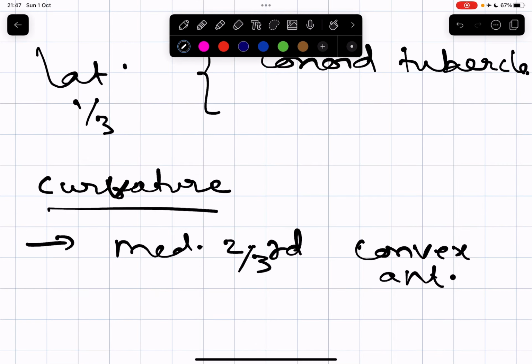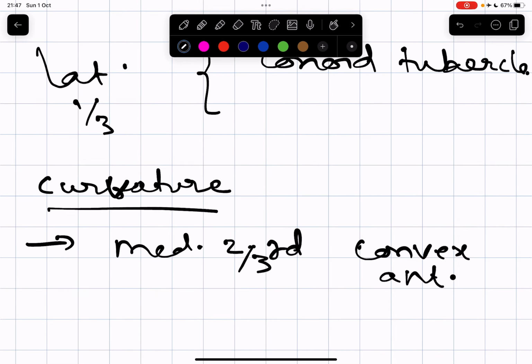What is the anatomical position? The clavicle is placed nearly horizontally with its medial end directed downwards and slightly forwards, and medially. The lateral end is directed upwards and laterally. And also look at the curvature. The curvature of the medial 2/3 should be convex anteriorly.